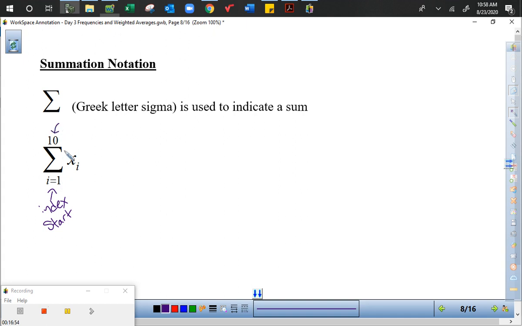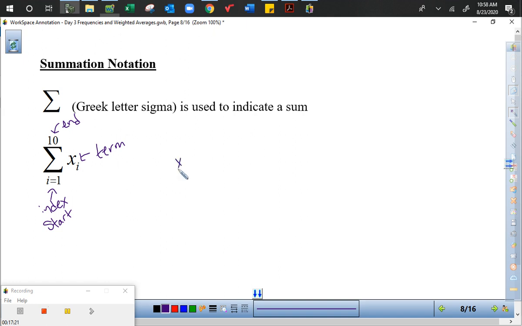And then up here, they just have a number, and that's the ending value. So x sub i means I'm starting at 1, x sub 1, the first term. And then I'm going to end at x sub 10, or the 10th term. Okay, so this is just a fancy way to write the term number.